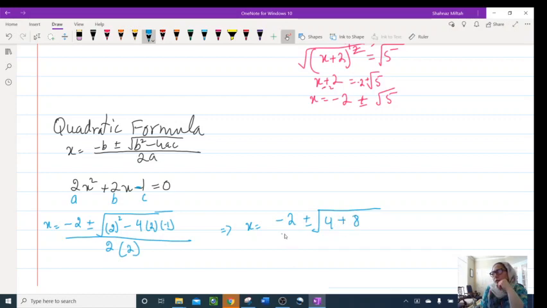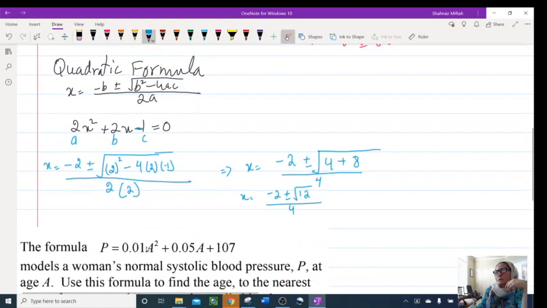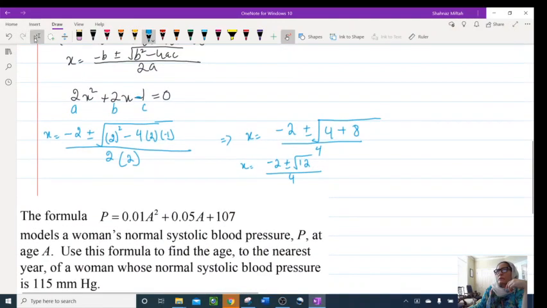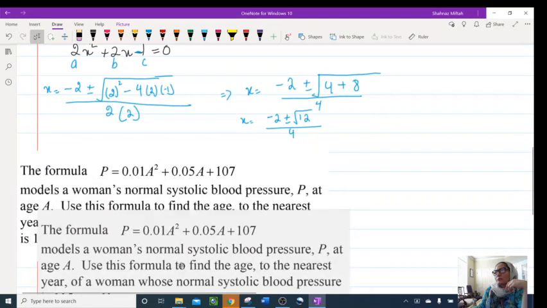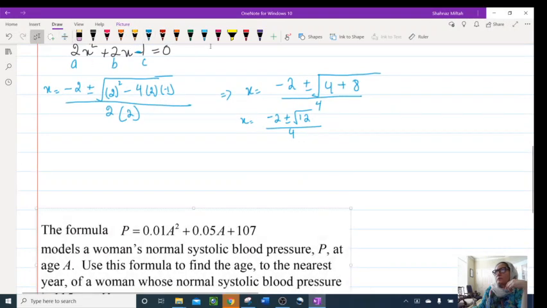And in the bottom, you have 2 times 2 is 4. So negative 2 plus or minus the square root of 4 plus 8, which is 12, divided by 4. Now, you know 12 is not a perfect square anyway. I'm going to move this question somewhere, the application problem, so we have space.